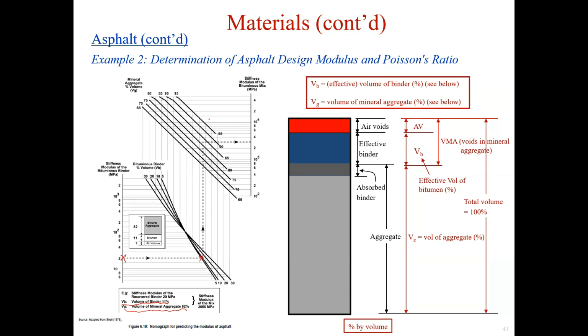Then we just draw a vertical line and intersect with the line with VG of 82%. So 80 is here, 85 here. So 82 is somewhere in between, or roughly in the middle. And then we just draw the final horizontal line to intersect with the vertical axis. If we take the reading, we can find the stiffness modulus of the bituminous mix is roughly 3000 megapascal.